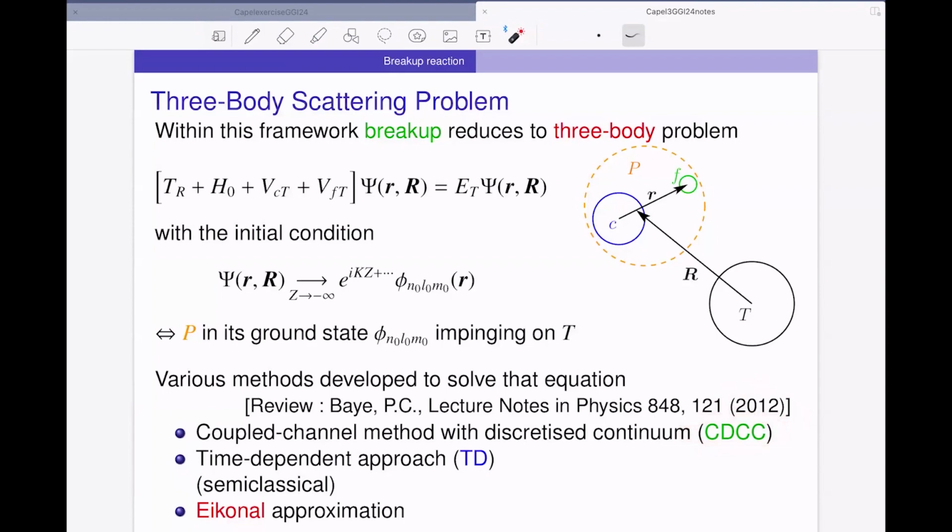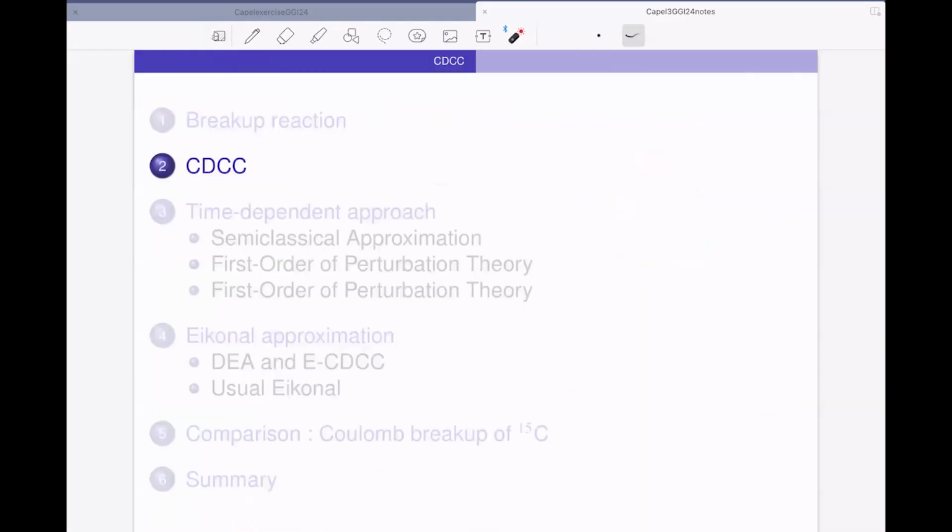So this is purely quantal, semi-classical approximation using a time-dependent approach, or the eikonal approximation. There are other ways, but I won't discuss them. In all the discussion here, I will neglect spin, just to keep the equations to a normal level of complexity. I don't want to go too much into the detail.